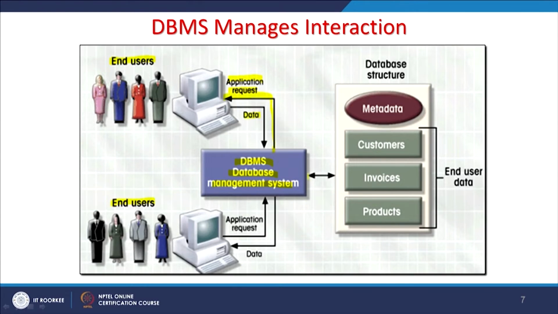In the same way, this database management system works as per the chosen database structure, and of course it will have metadata, the customers being handled, the invoices, depending on the organization. This example is from a sales organization, and then products.